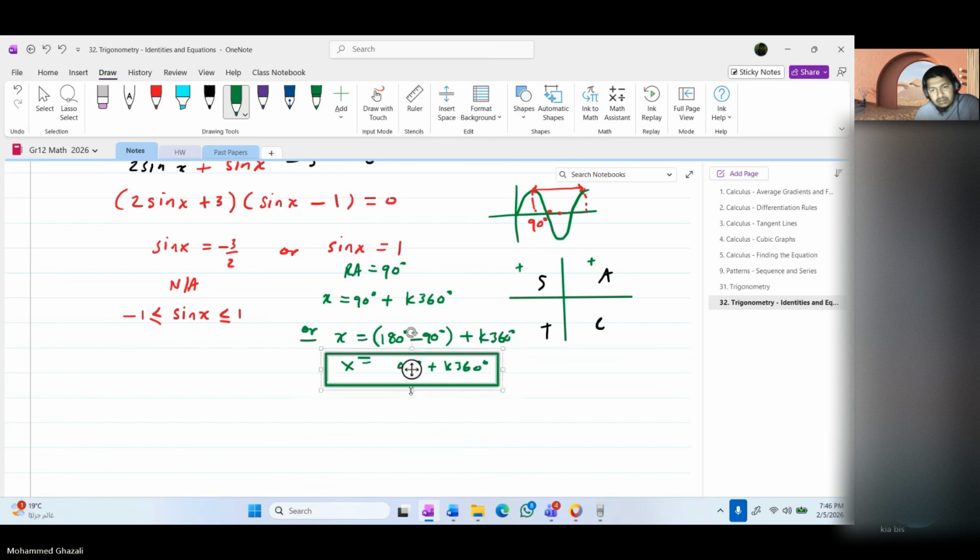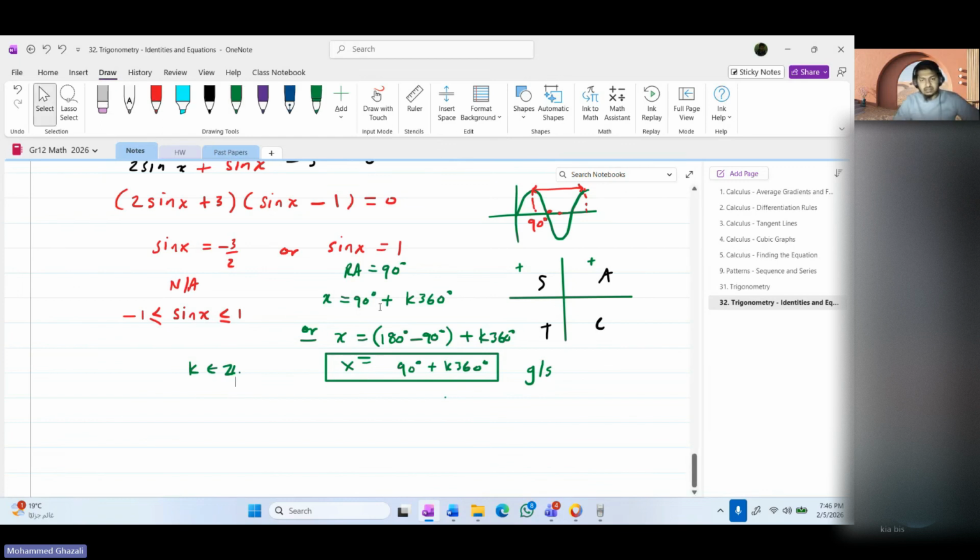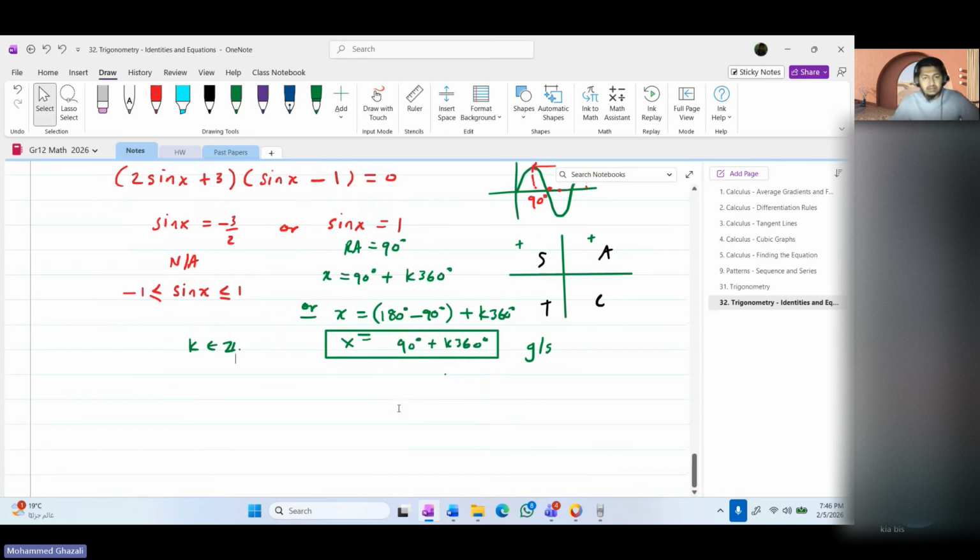So you're only going to take that general solution. That's your general solution, okay? You need to write down K is an element of Z somewhere along the line. So you only had one answer because both the answers overlap. So just take one answer. No use writing that out again, right? So only one general solution.